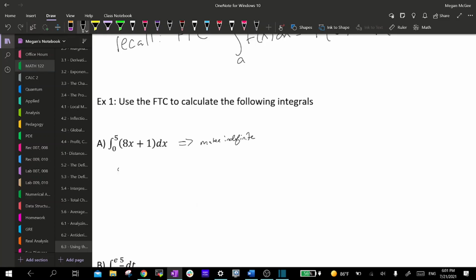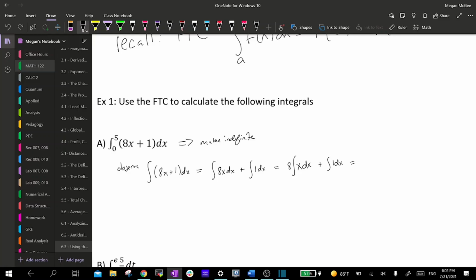So let's observe the indefinite integral of 8x plus 1 dx. From our rules, we learned that we could break this up into two different integrals: 8x dx plus 1 dx. We also learned that we could pull a constant out, so we have 8 times the integral of x with respect to x plus the integral of 1 with respect to x.